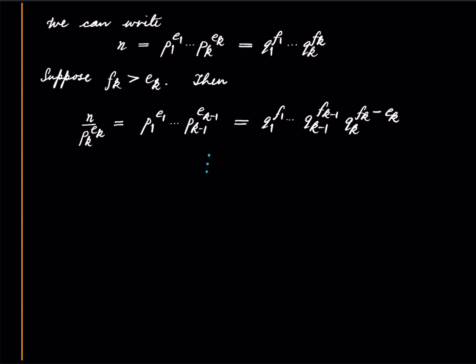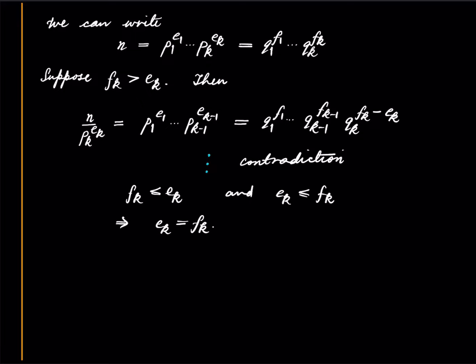This is a contradiction, and hence what we must have is that fk is less than or equal to ek. But the same kind of argument will also show that ek is less than or equal to fk, and hence ek equals fk. And if we can do it for k, we can do it for any j, and hence ei equals fi for each i, and that's it.